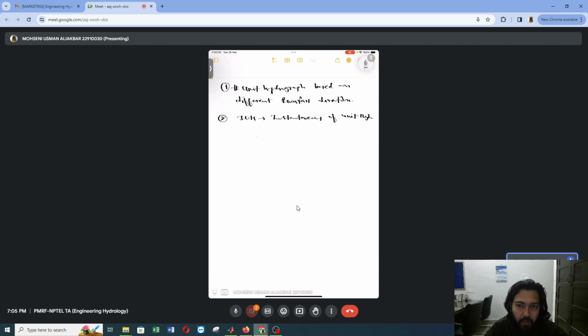In the previous class we studied that there are 3 inputs: step input, impulse input, and pulse input. Only the input function will change. For the unit hydrograph the input was a pulse input. Similarly, for the instantaneous unit hydrograph the input would be an impulse, because an impulse appears instantaneously. Only that will change and all other concepts will be the same. So this is what we are going to learn in today's class.